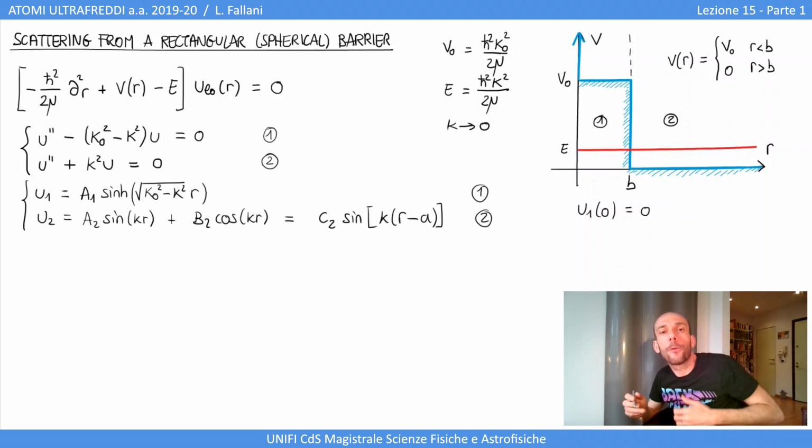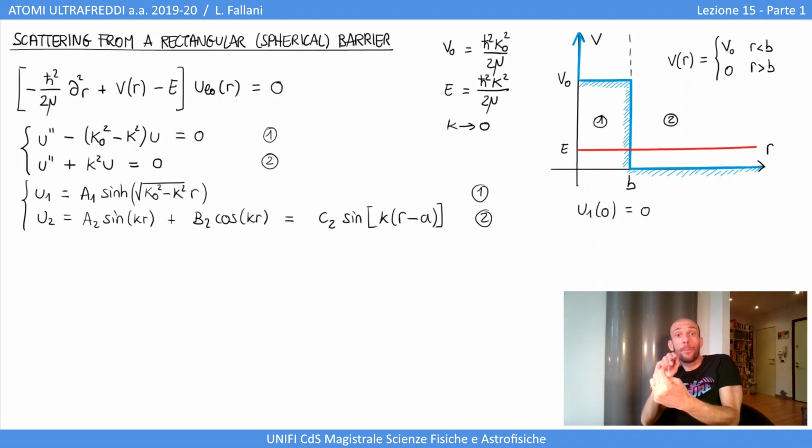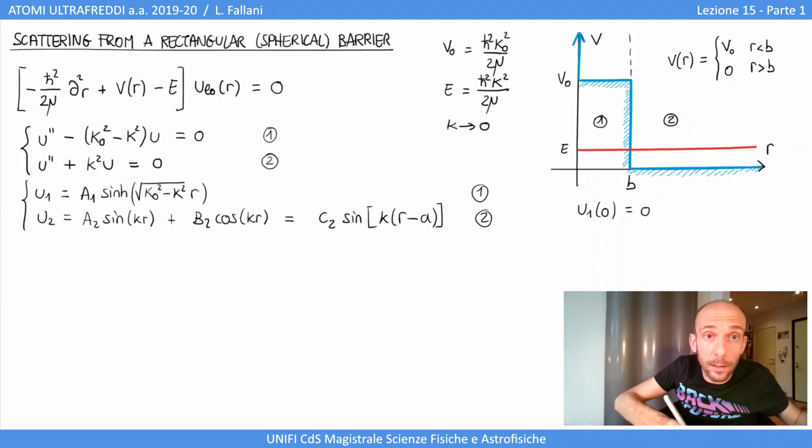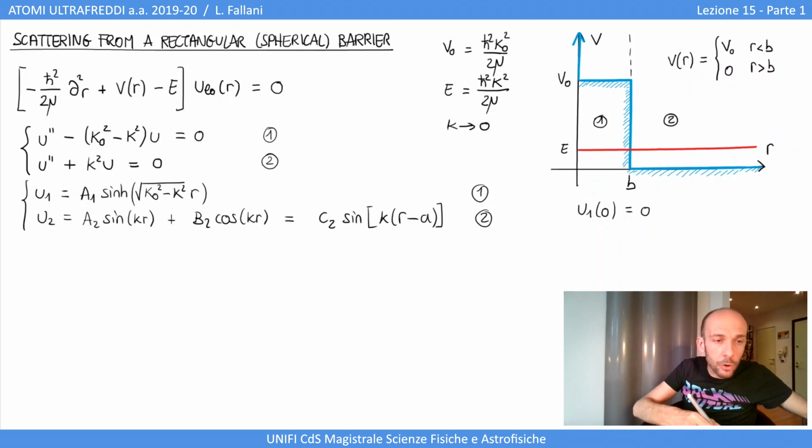And now, of course, we need to ask for the wave function to be regular at the intersection, at the boundary between the two domains. So we ask for the continuity of both u and its derivative. And so let's write the conditions explicitly. So we want u1 evaluated in b to be equal to u2 evaluated in b.